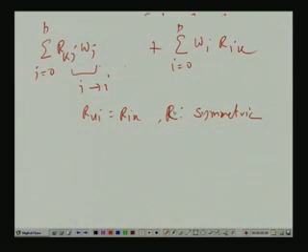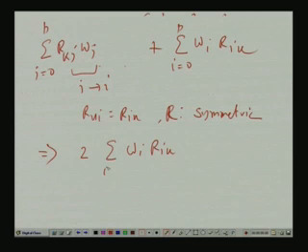That means what I have here, I can write as again W i R i k, and that is what I have here. So twice W i R i k, i from 0 to p.